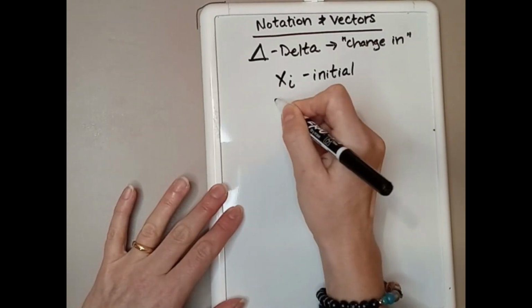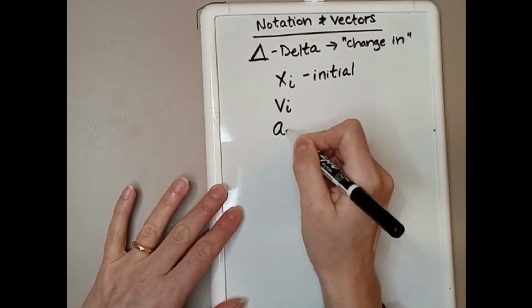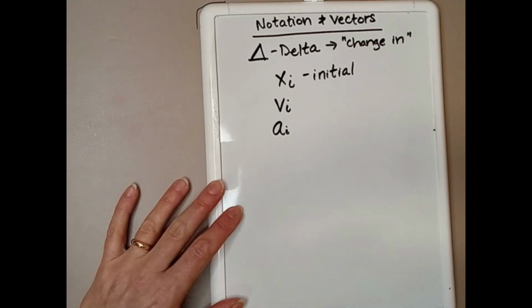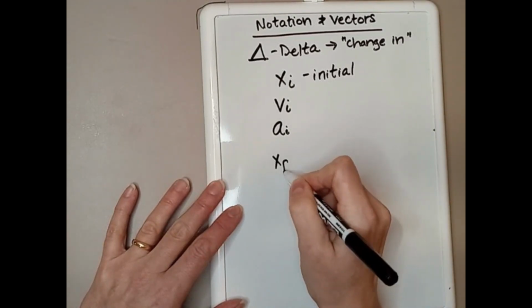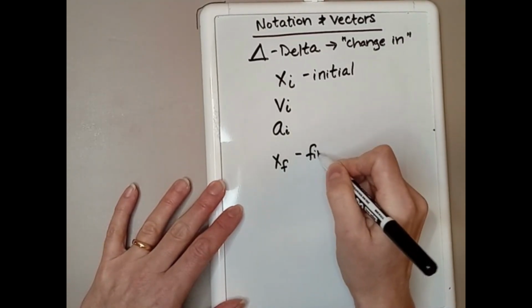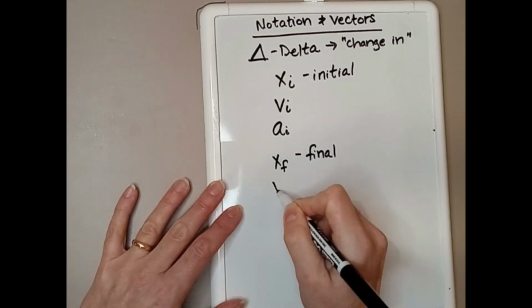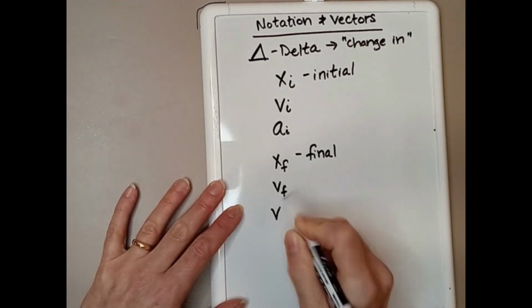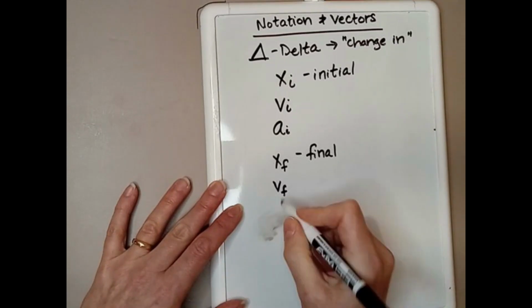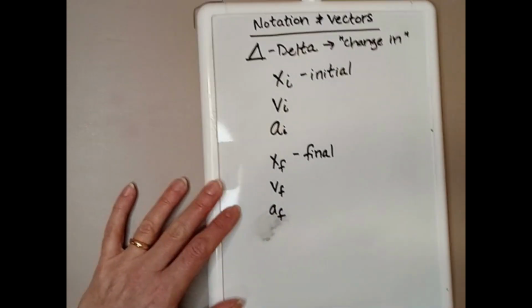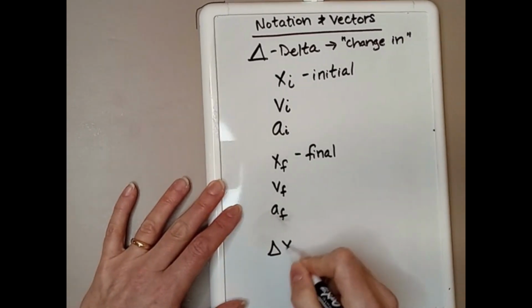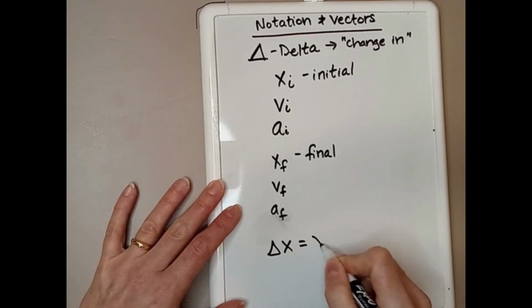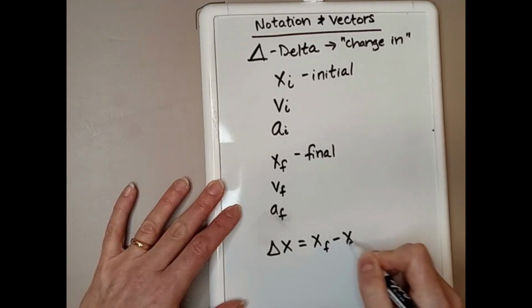And again, that can be velocity, v sub I, it could be acceleration, anything you want. And then your final position will always have a subscript f. And that will always be your final position, final velocity, final acceleration. So then our change in quantity will always be final minus initial.